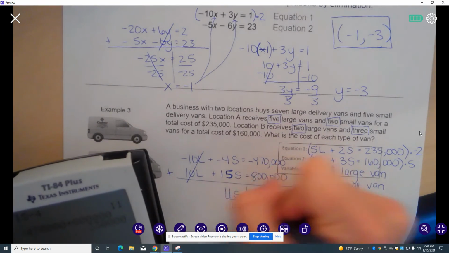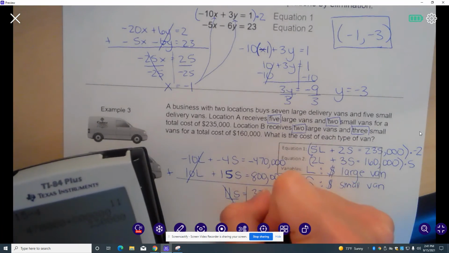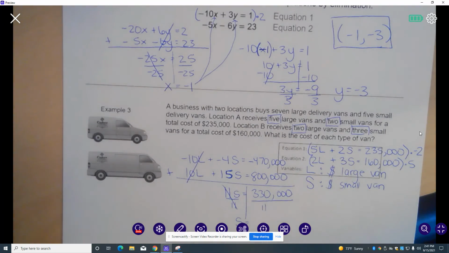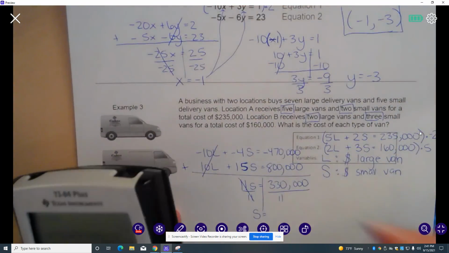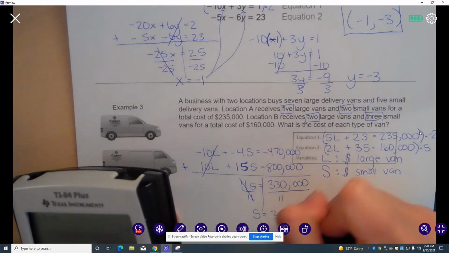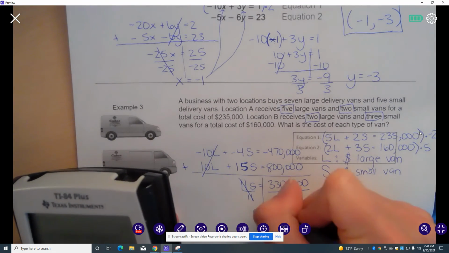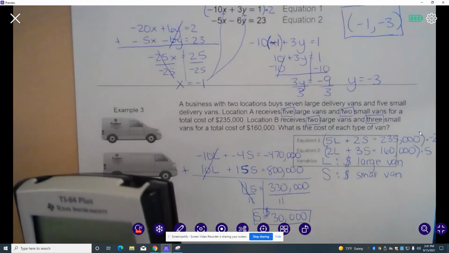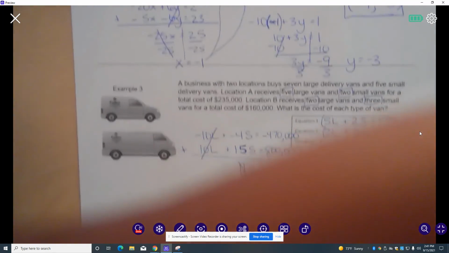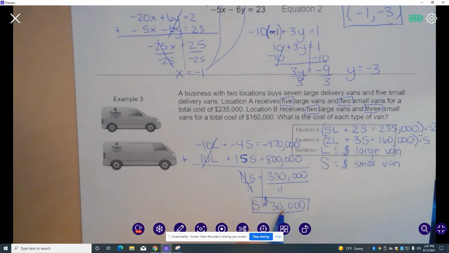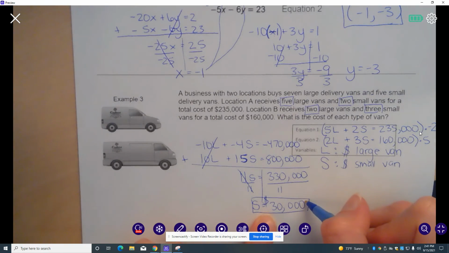I'll divide both sides by 11. So the cost of a small van is $30,000. Now I need the cost of a large van. So I need to take my $30,000 and plug it back in for S into one of my equations.